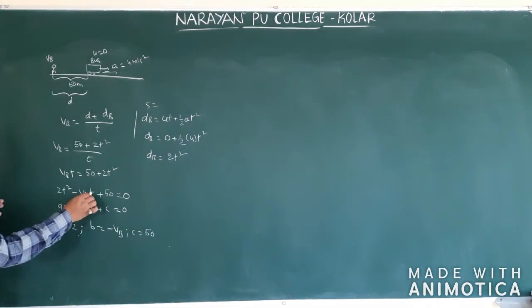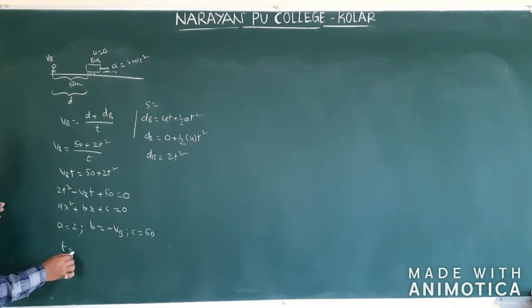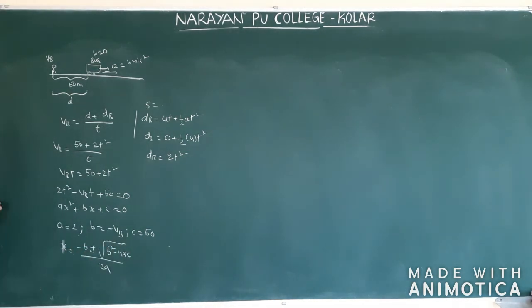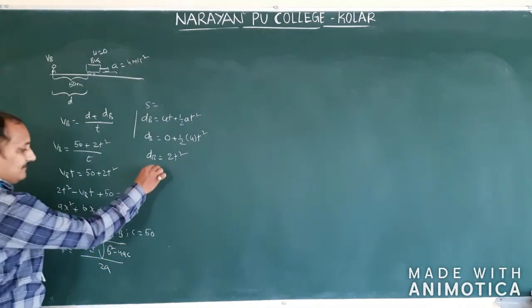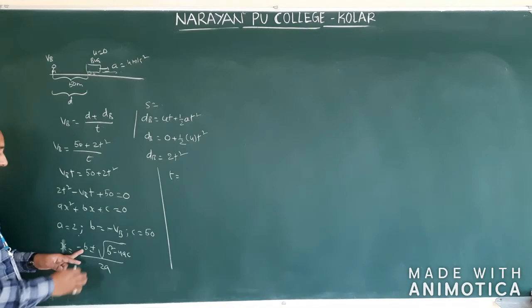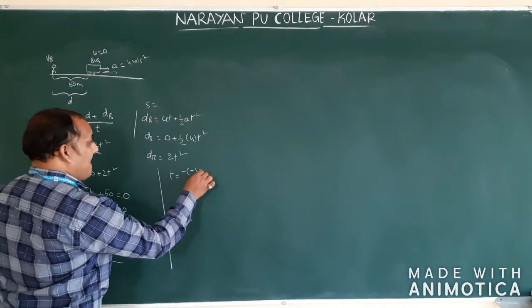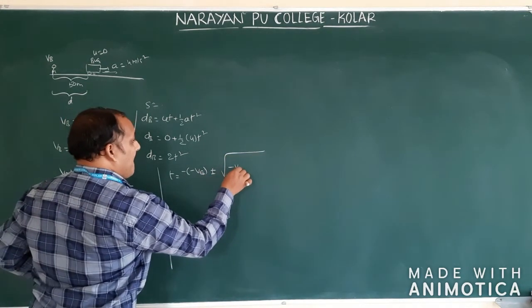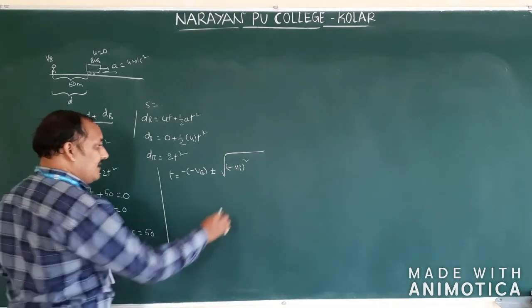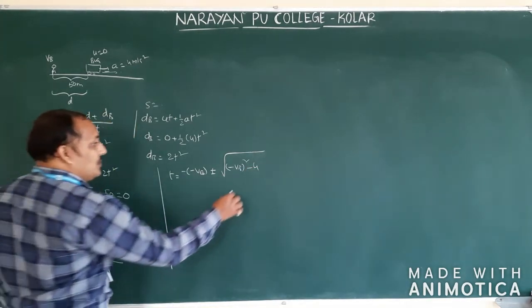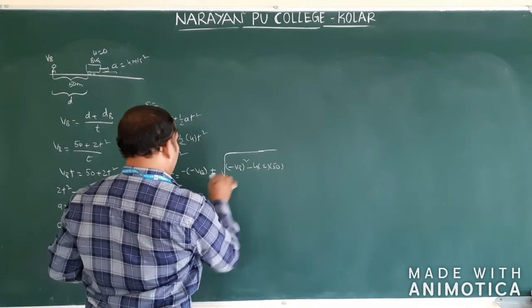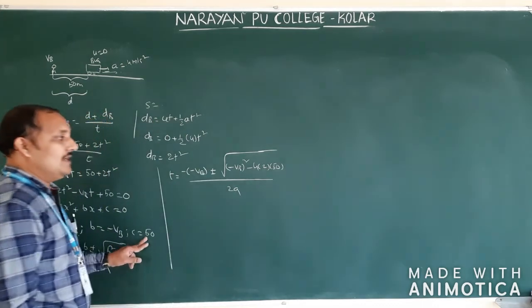The quadratic formula, with x equal to t. Therefore t is equal to minus b plus or minus root b square minus 4ac divided by 2a. In place of x, there is t. t is equal to minus b, which is minus of minus vb, plus or minus root of minus vb whole square minus 4, a value 2, c value 50, divided by 2a.